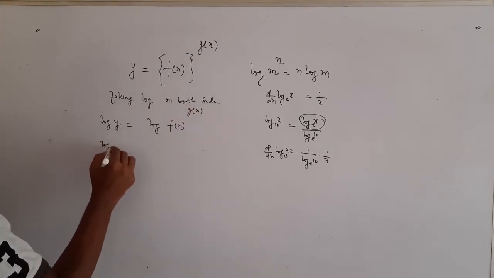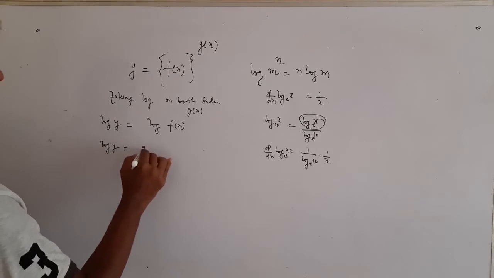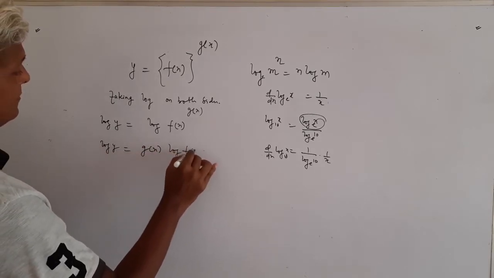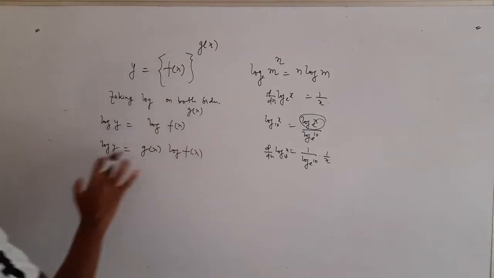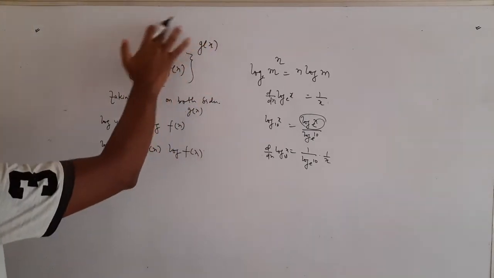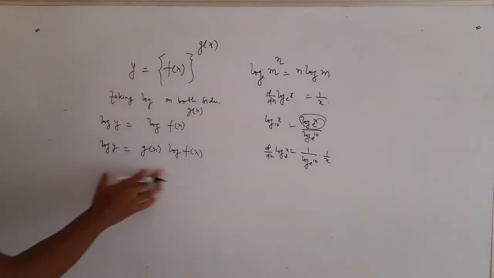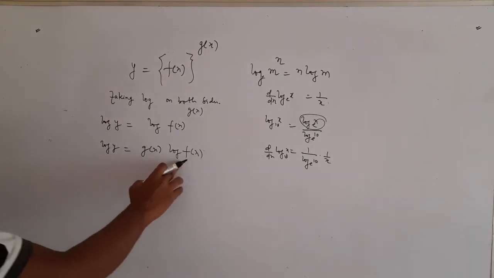So log y is g(x) log f(x). The log has simply flattened out this whole structure of the power, and this makes it just like a simple product where log y is g(x) times log f(x).